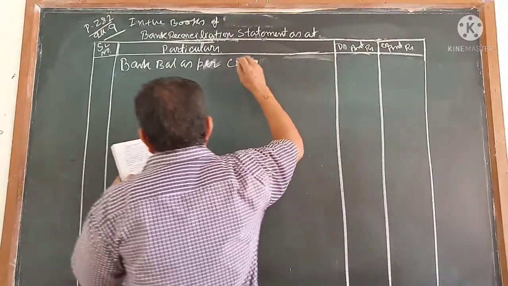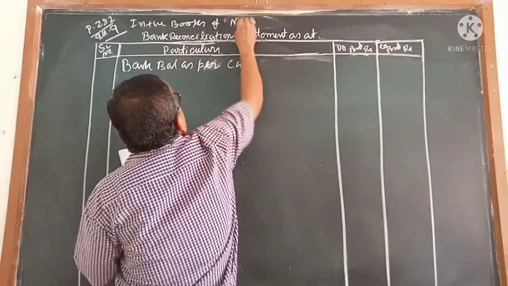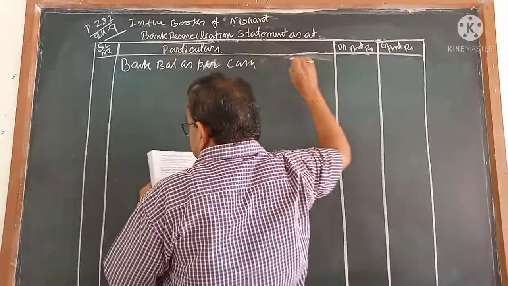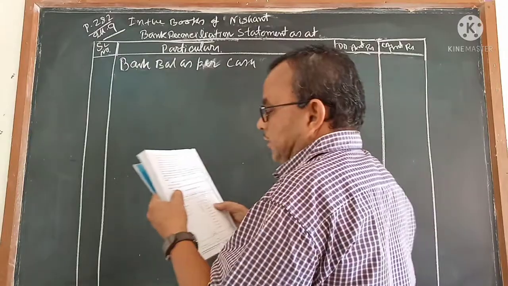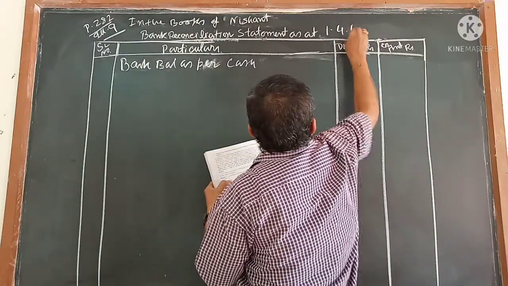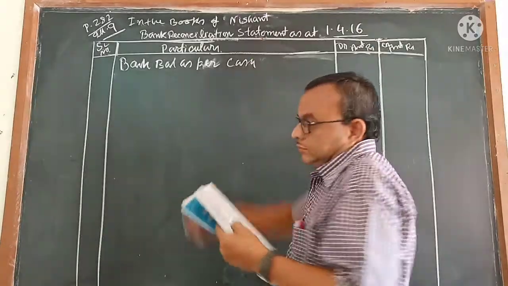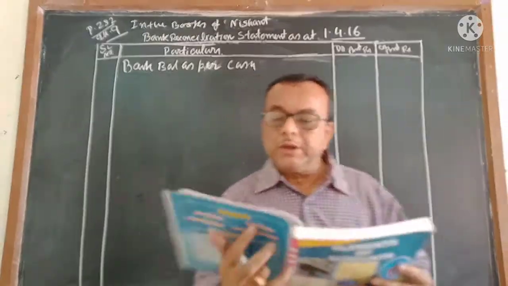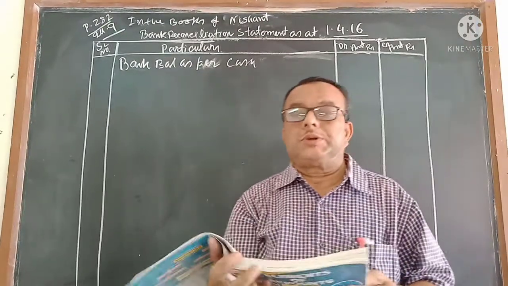This is Nissan, N-I-S-S-A-N-T, and we are doing the BRS at 1st April 2016, that means 1/4/16. Now what is given? This is the cash book given, and on the next page the passbook is given.